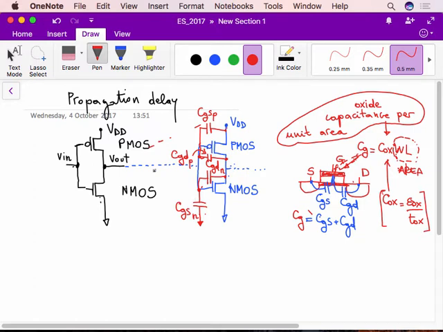So from an electrical point of view, what the first inverter has to do is to charge and discharge the capacitance at the input of the second inverter. This is the work that it has to do. And this is also the reason why it cannot be instantaneous, because in order to charge the capacitance, you have to push some current for some time, because you have to add a finite charge onto the capacitor.